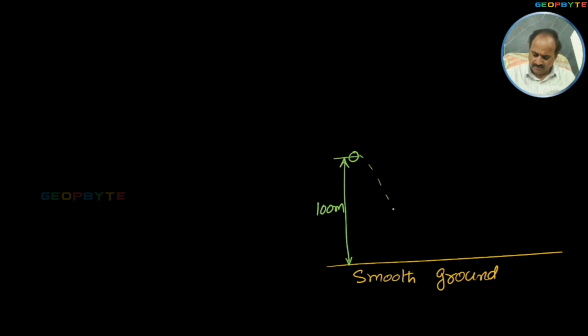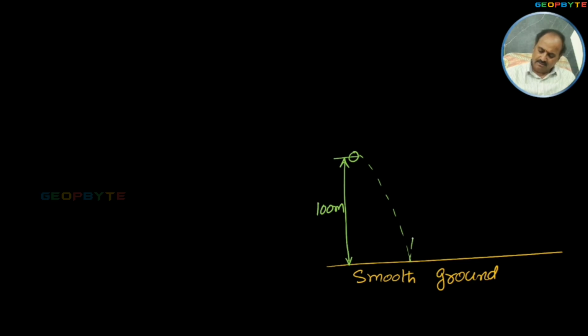It is given that the spherical ball is initially at the top of the hill of height 100 meters. It is rolling down to the smooth ground.